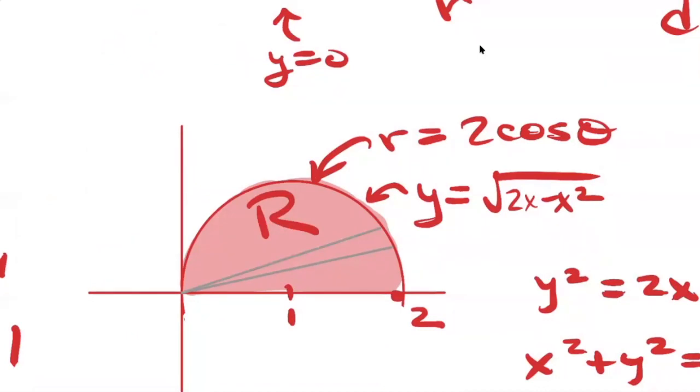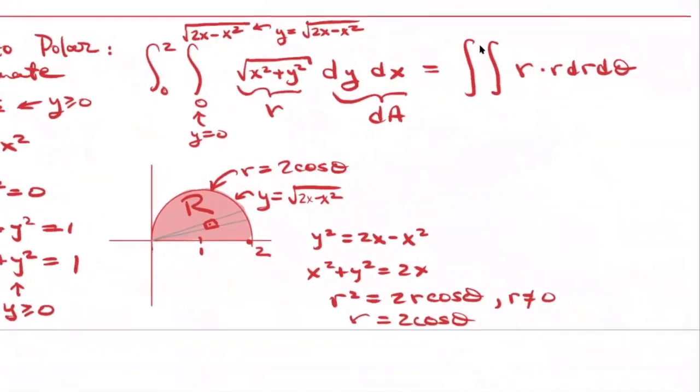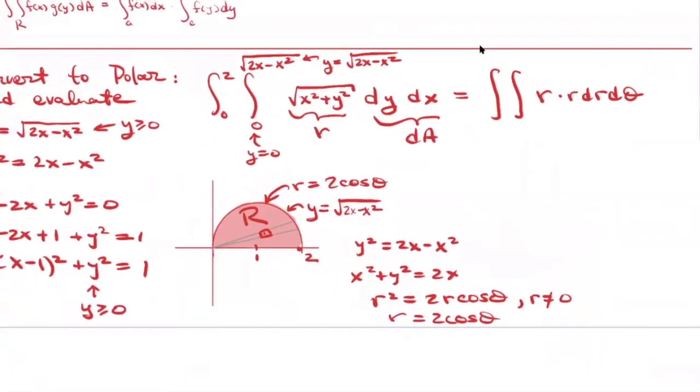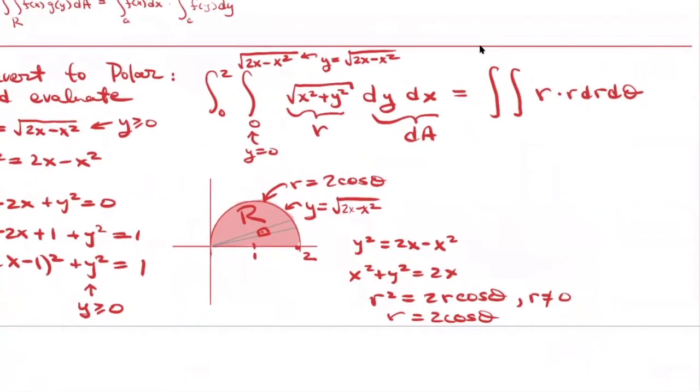And block out my little differential area. The point is centered at r, theta. So at the beginning, where r is 0, we have a point.